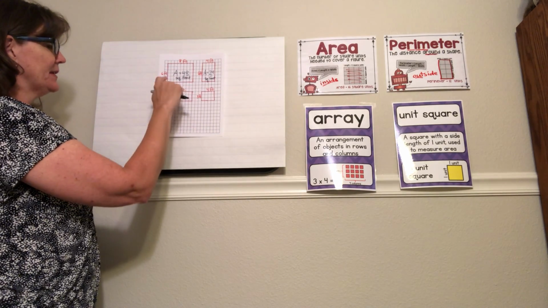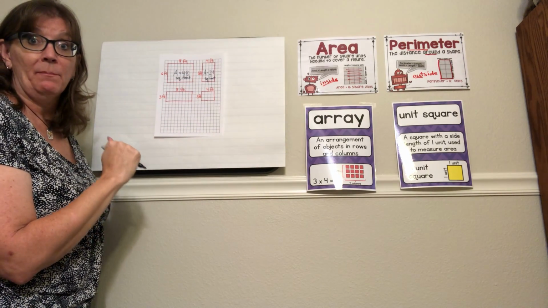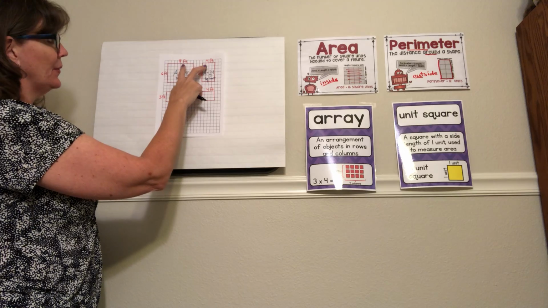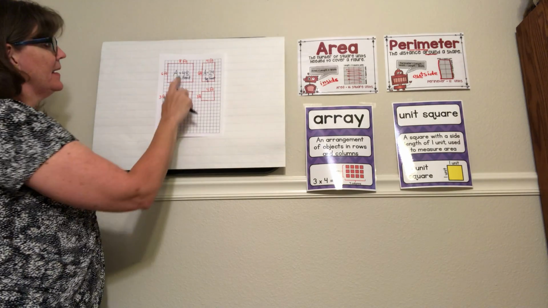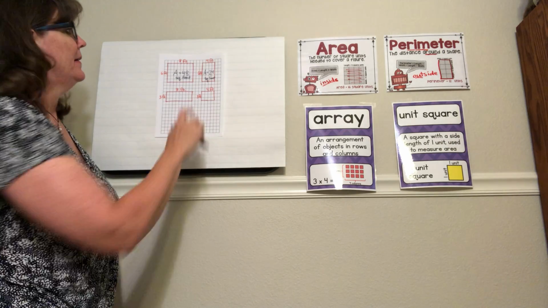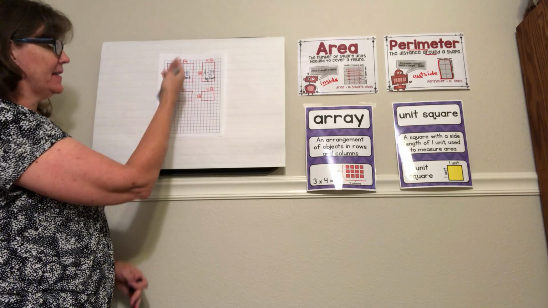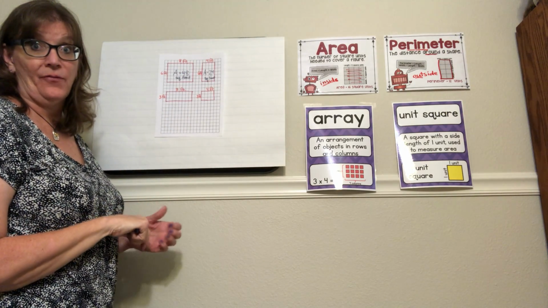Well, I notice that the 6 feet is the same, the length is the same. Both rectangles are 6 feet. The width is different. Here I have a width of 8, here I have a width of 4. 4 is half of 8, or I could say 8 is double of 4.